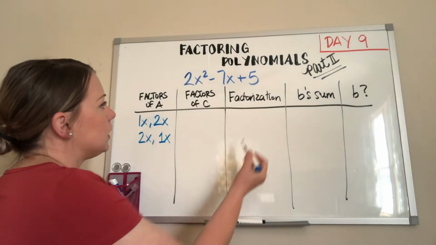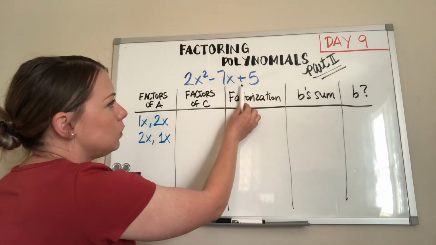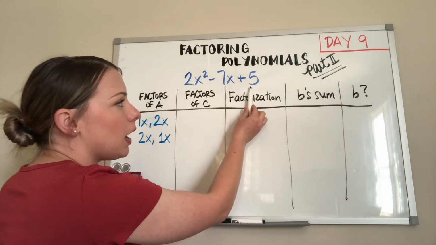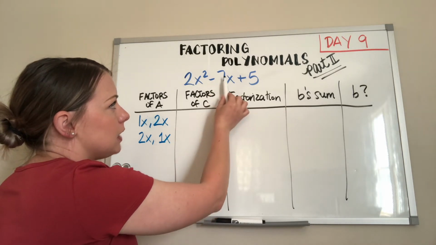So now let's look at our factors of 5. So real quick, look at your signs. 5 is positive, but 7 is negative.